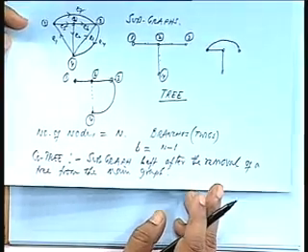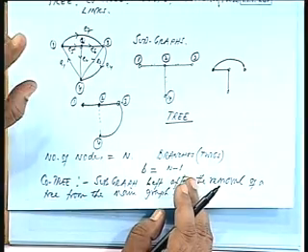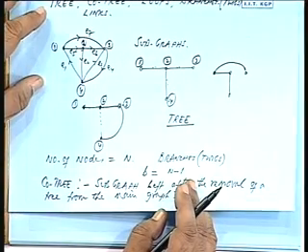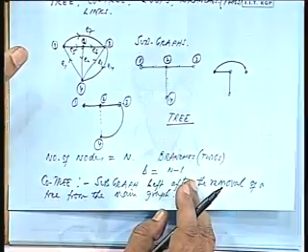Will the co-tree have all the nodes interconnected? May not be, not necessarily. So a co-tree can be an unconnected set of subgraphs, whereas a tree is a connected subgraph where there is no loop but all the nodes are connected.